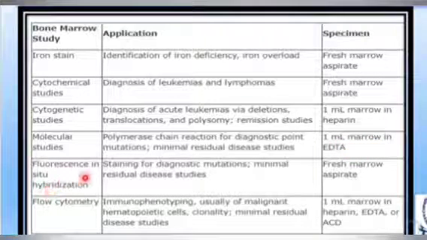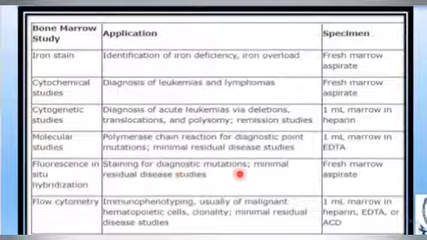Then we have fluorescent in situ hybridization, used for diagnosing mutations and minimal residual disease studies, and it also needs fresh marrow aspirates. Then the most important thing is flow cytometry, needed for immunophenotyping, usually of malignant hematopoietic cells, clonality, and minimal residual disease, and it needs 1 ml marrow and heparin, EDTA, or acid citrate dextrose.